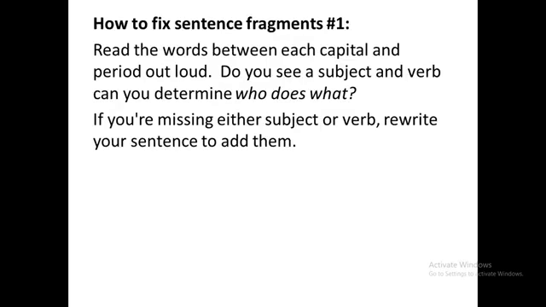Now we have to look at how to fix fragments. Number 1 is read the words between each capital and period out loud. Do you see a subject and verb? Can you determine who does what? If you are missing either subject or verb, rewrite your sentence to add them.